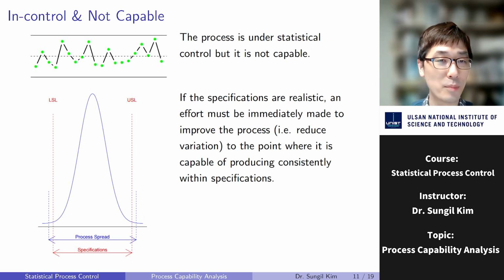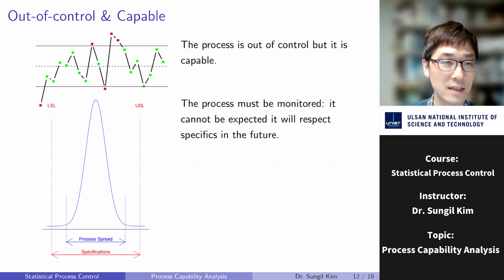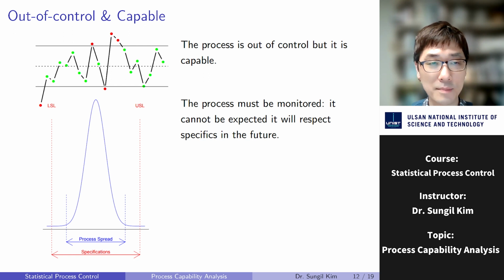Second, the process is in control, but it is not capable. If the specifications are realistic, then an effort must be immediately made to improve the process. Third, the process is out of control, but it is capable. The process must be monitored.